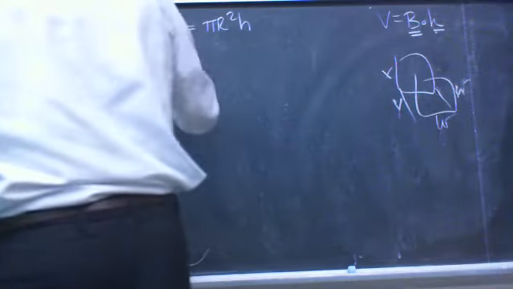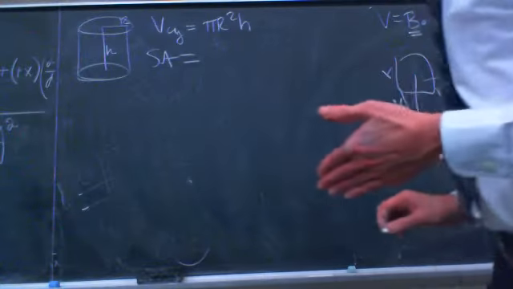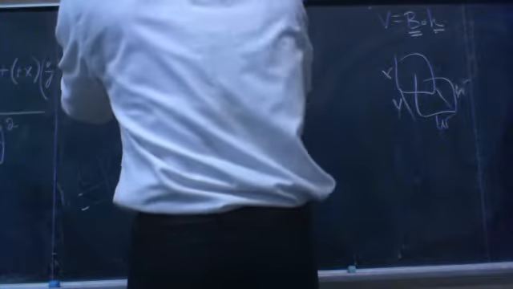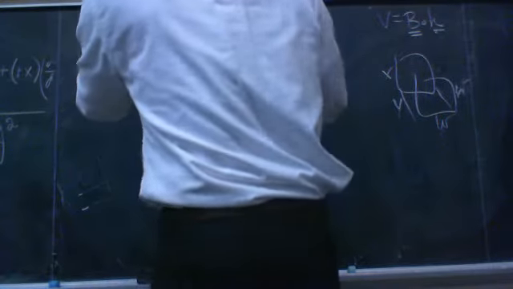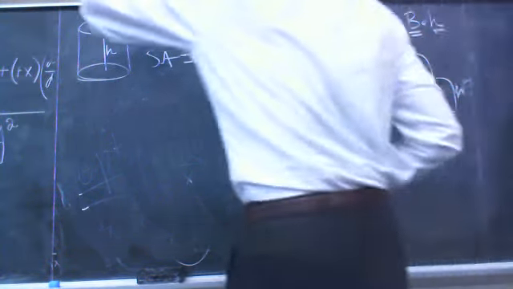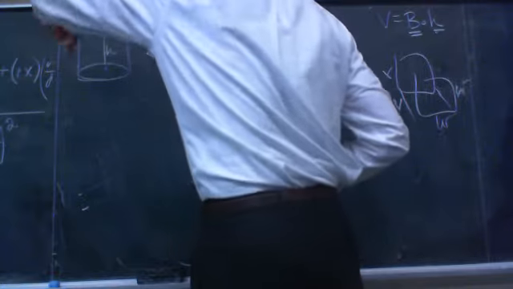The surface area is the total area. So the areas of the top and bottom are pi r squared. So two of them make what? 2 pi r squared. And we call this the body of the cylinder, this piece of the soda can.